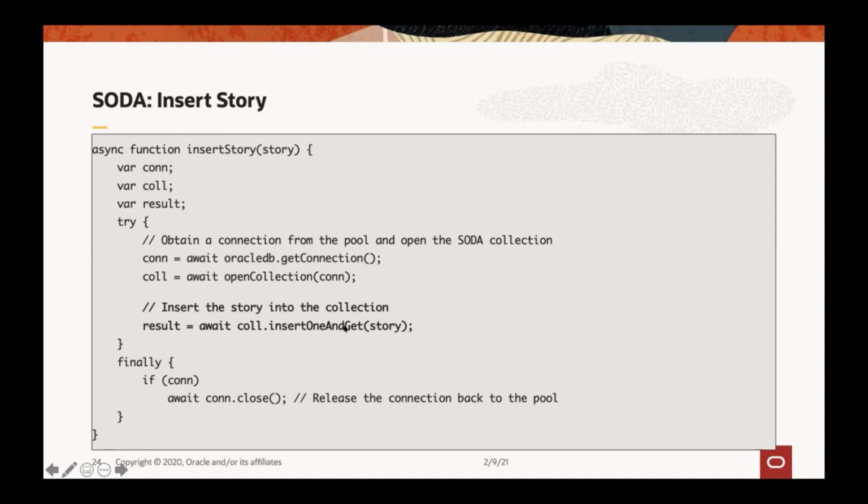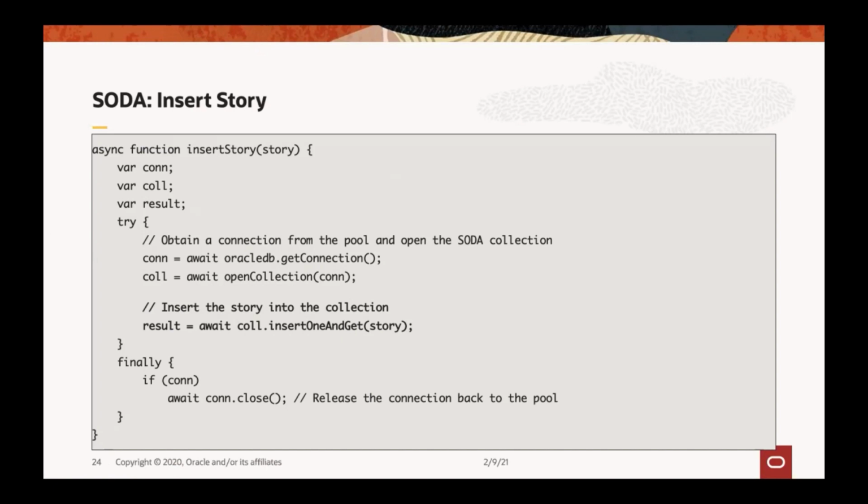What this function does is it inserts the story into the database using the connection, and it sends back the response. The response would be a document again. The result that you see here is also a Soda document, and it has a populated key, the created on and last modified, and the version fields.